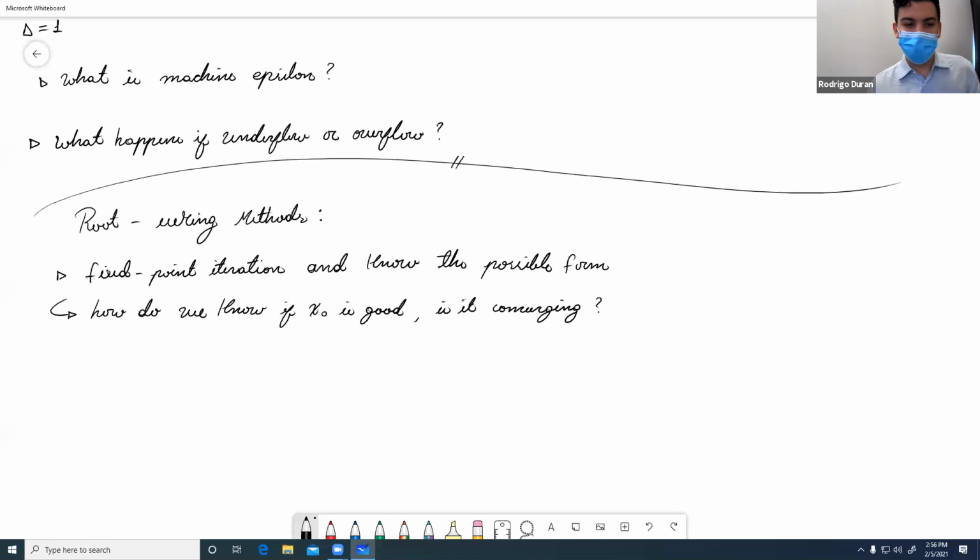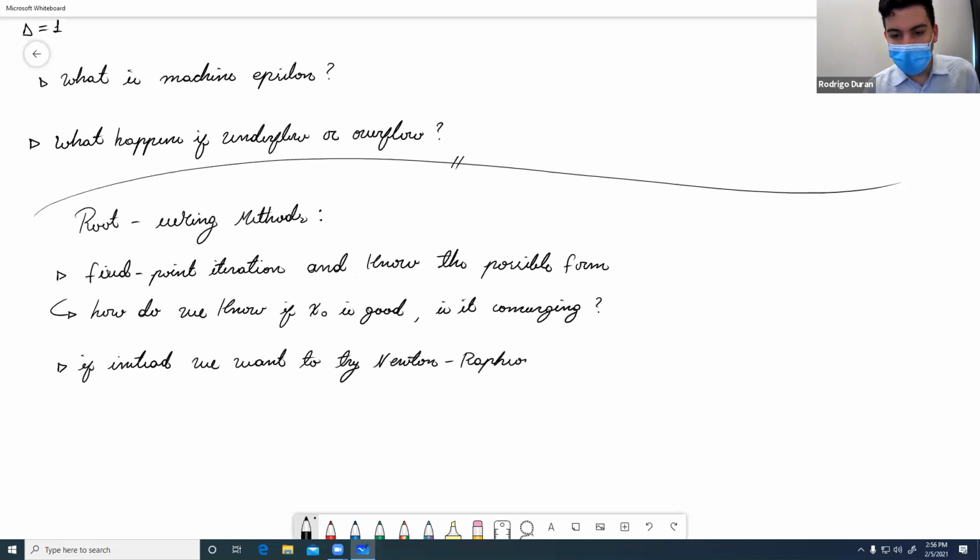If they said, instead we want to try Newton-Raphson, then instead of doing fixed point iteration, you will go back to the function that you were provided, and you will put it in the Newton-Raphson form.